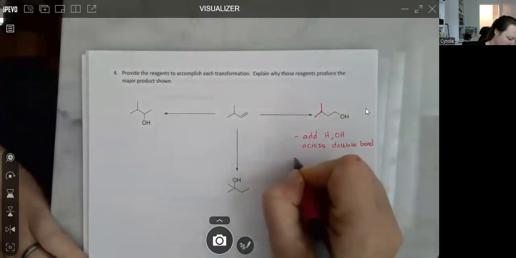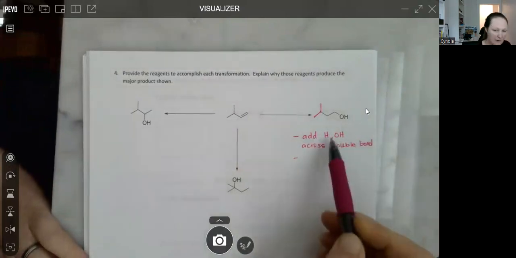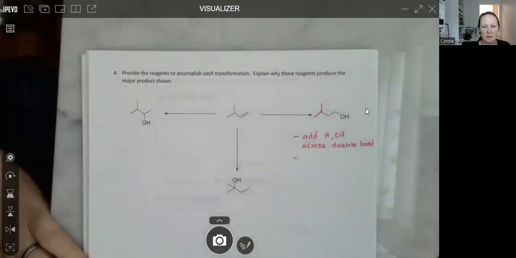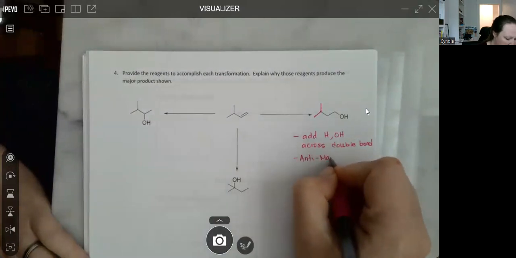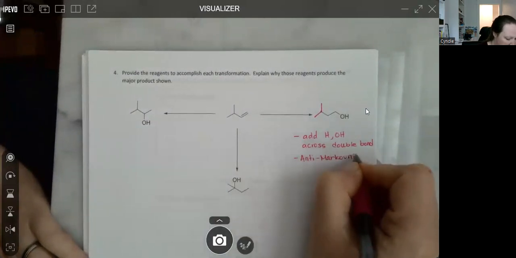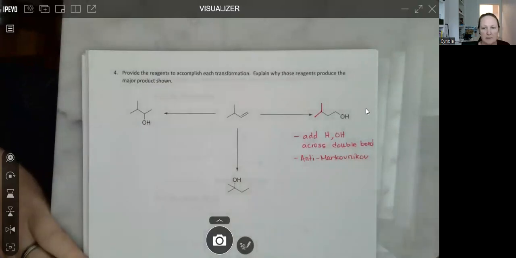And because it's 2 different groups, we want to ask ourselves about regioselectivity. And it's going to go anti-Markovnikov, because the OH ends up at the less substituted carbon.